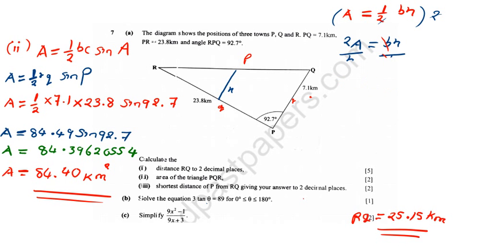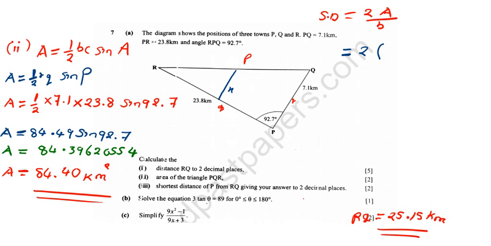So now I'll show you how to derive that formula. Shortest distance, which is SD, is equal to 2A over B, H standing for height, B the base. So shortest distance is equal to 2 open brackets, A is our area.